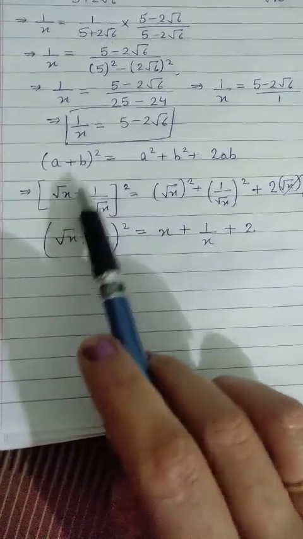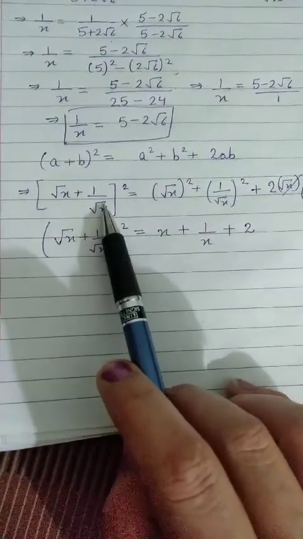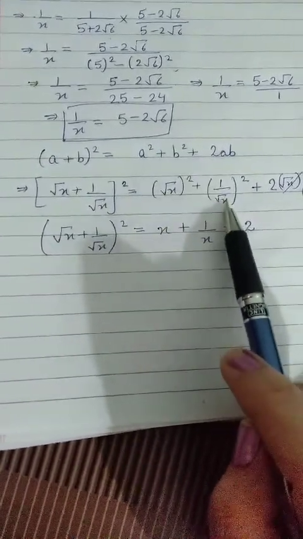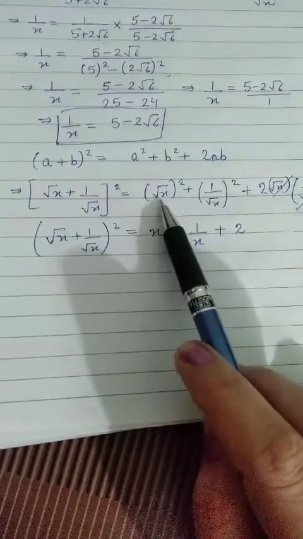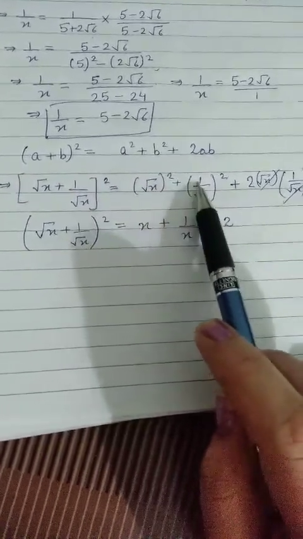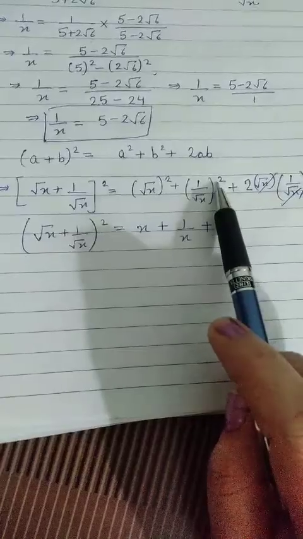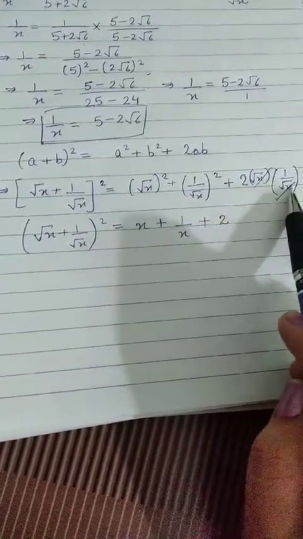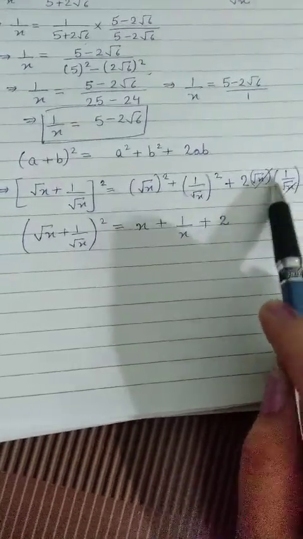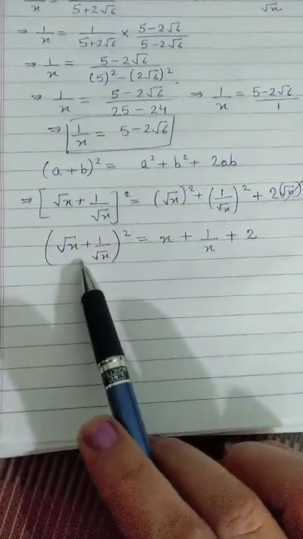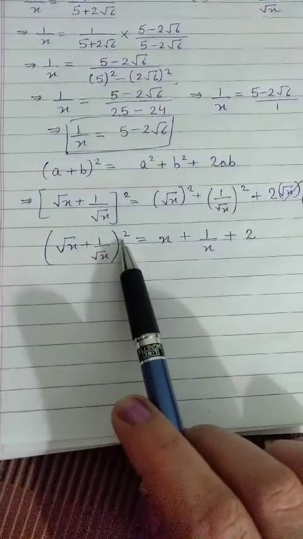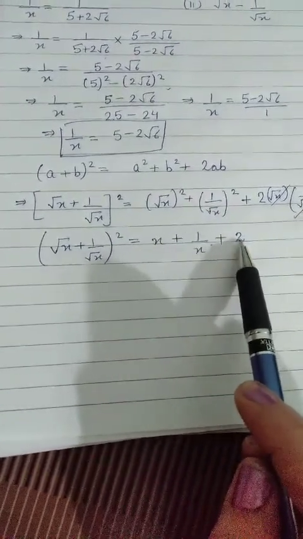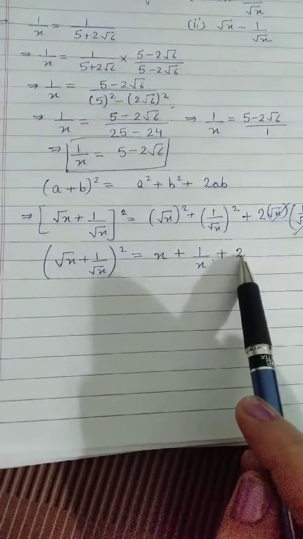So a is root x, b is 1 by root x. By the identity we have root x whole square plus 1 by root x whole square plus 2 times root x times 1 by root x, and these are reciprocals, so they cancel. So now you have the value of (root x plus 1 by root x) whole square as x plus 1 by x plus 2.